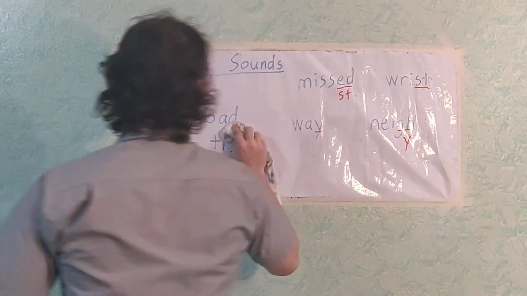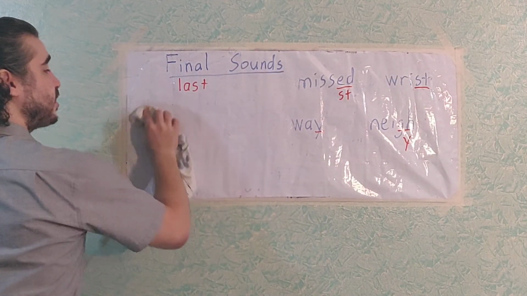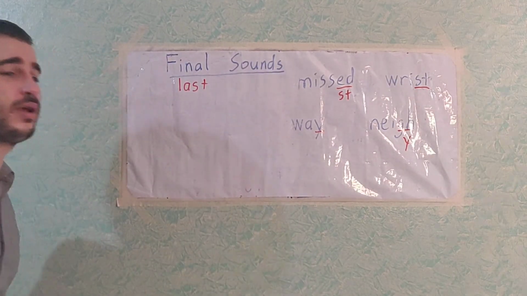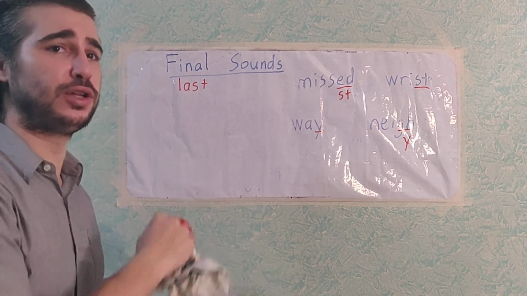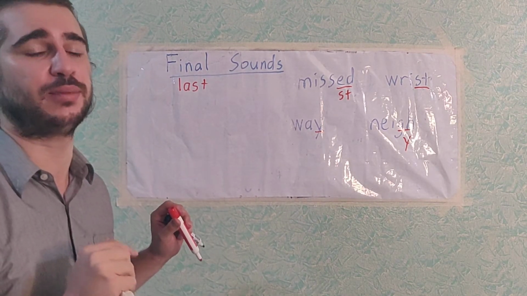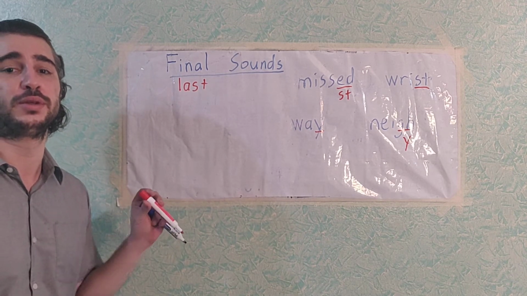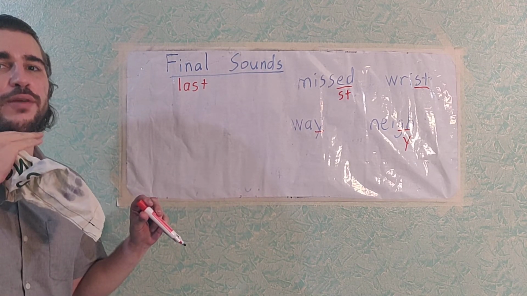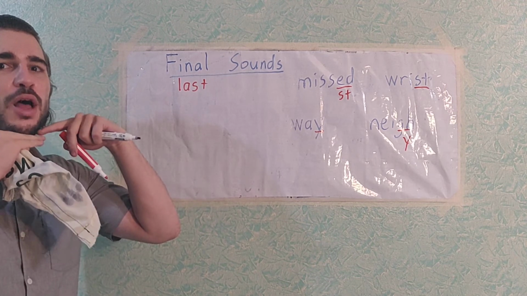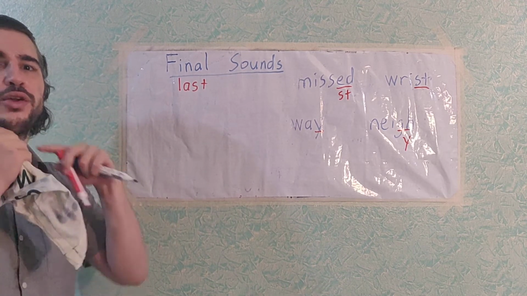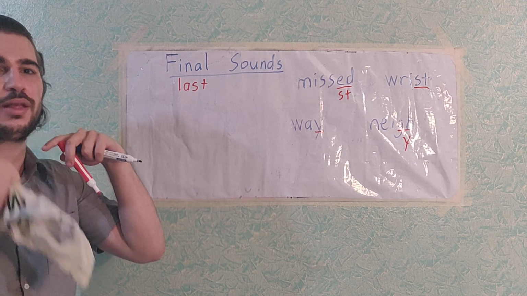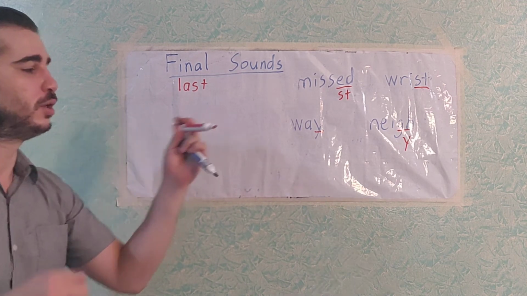Now, if something has the same final sound and the syllable before that makes the same sound, so syllable is whenever your mouth opens like that, that is a syllable.